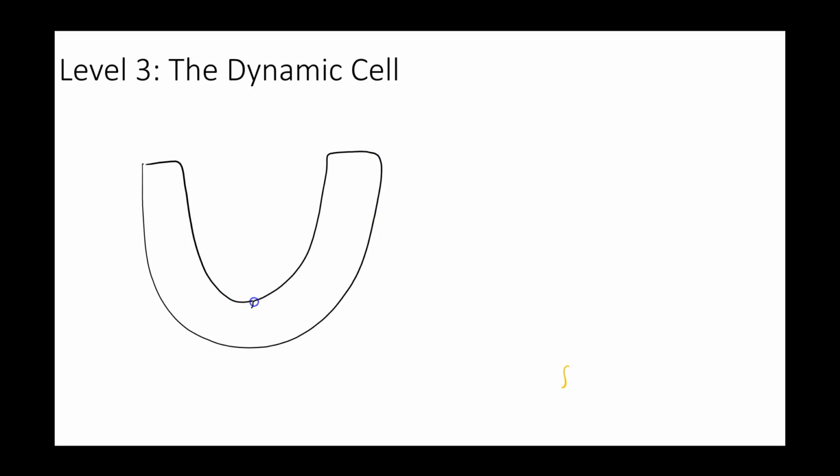Okay, so level 3 is putting it all together and understanding the fact that in a cell, there are many different things moving into and out of the cell at a given time. And one of the best examples to set this up, you'll see this all the time, are these U-shaped tubes with, again, an artificial selectively permeable membrane in the middle.